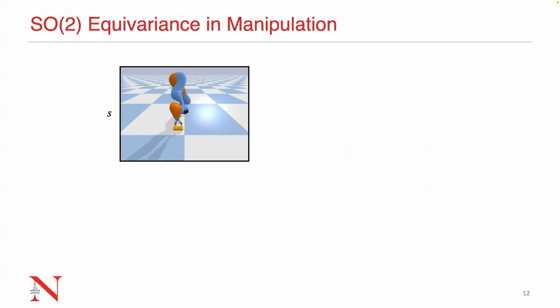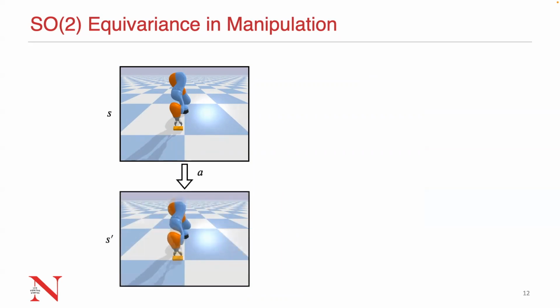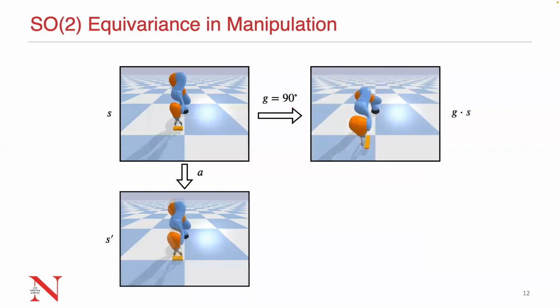How come? For example, we are in the state S, and then we execute a pushing action towards the bottom of the workspace, and we end up with the new state S prime. Now let's imagine a 90-degree rotation applied to the state. That means both the gripper and the objects are rotated in the state, so we end up with a new state gS.